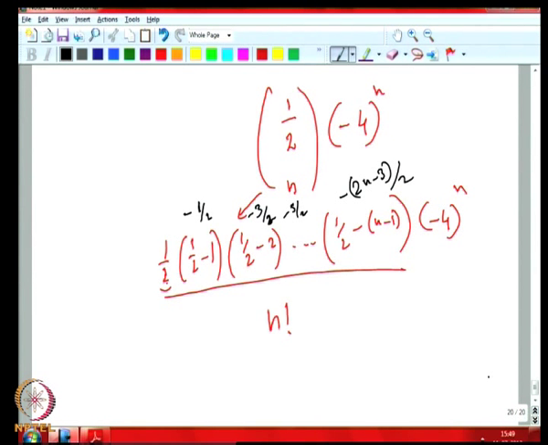So what we get is minus 1 into minus 3 up to minus of 2n minus 3 here, and we cancel off this half raised to n with one 2 raised to n. So minus 2 raised to n will remain and an n factorial will remain here.